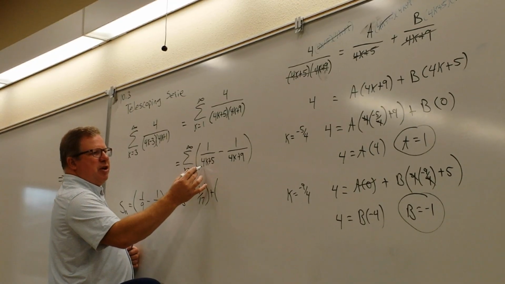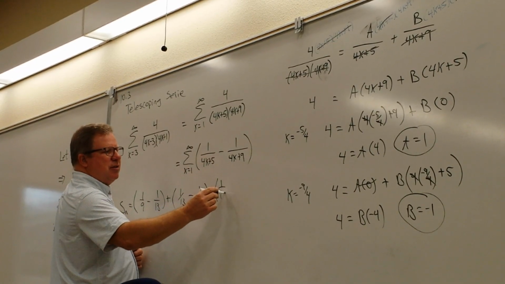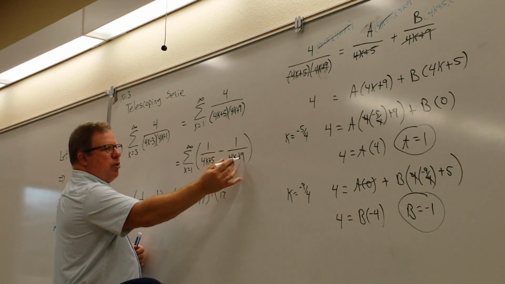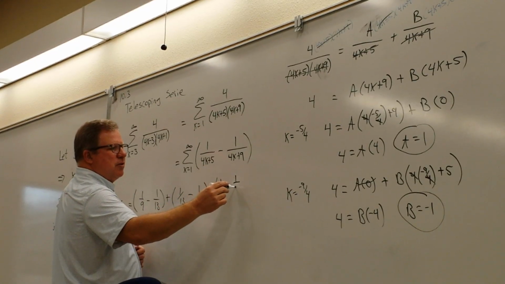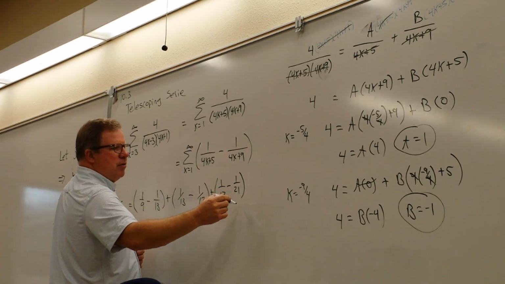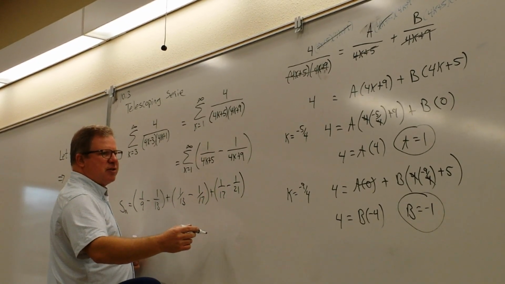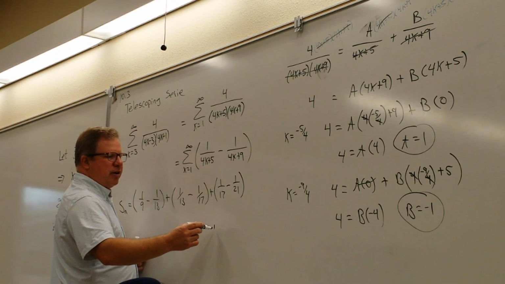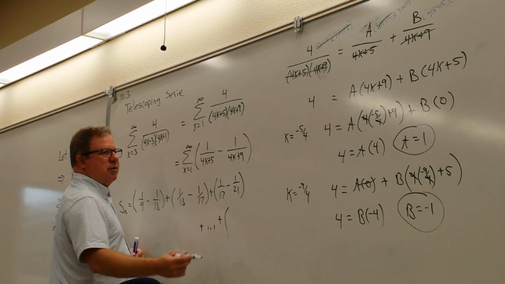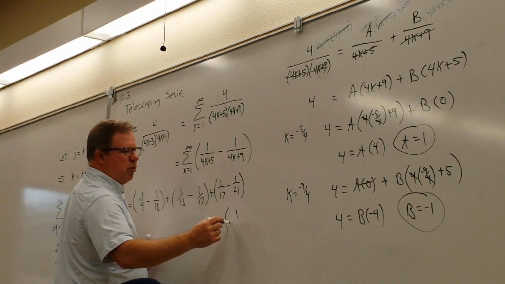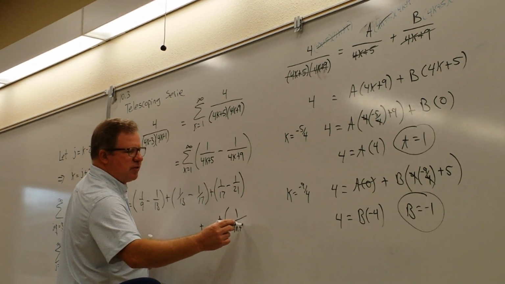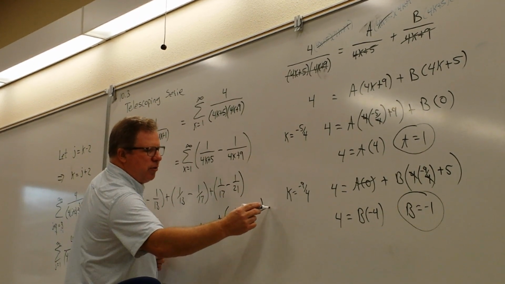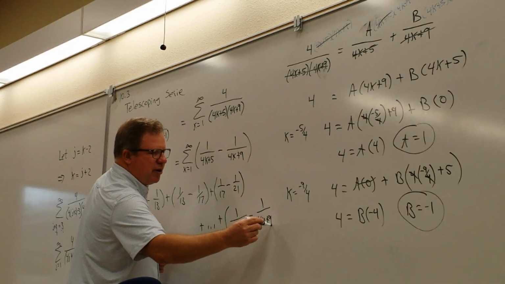Now we're putting in 3, 12 plus 5 is 17, 12 plus 9 is 21. I'm running out of space here. Plus, plus, put in n, and we get 1 over 4n plus 5 minus 1 over 4n plus 9.